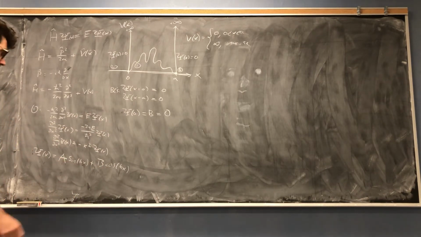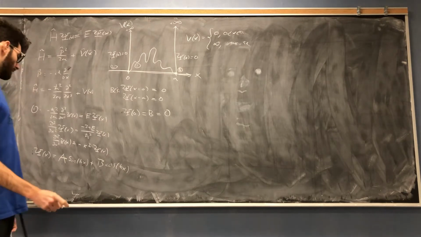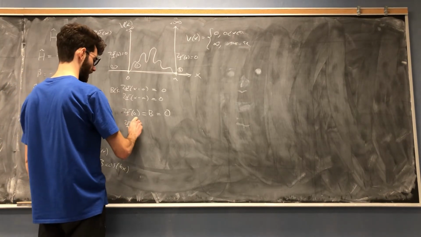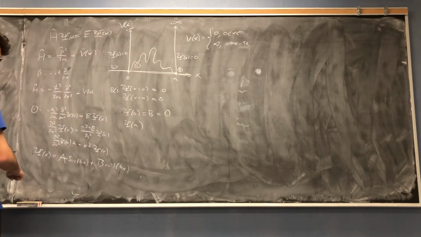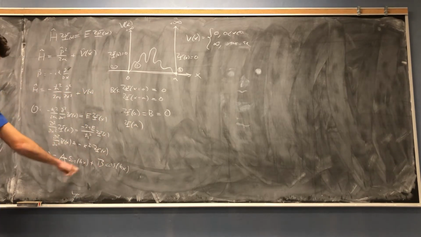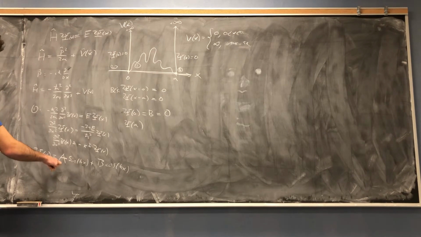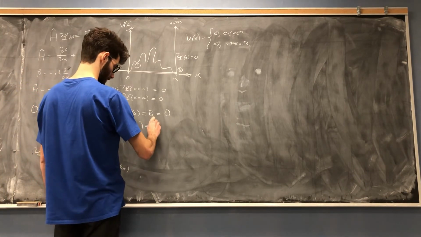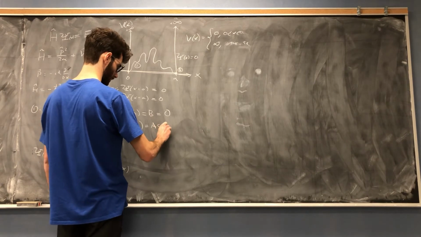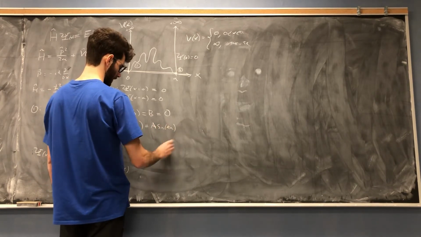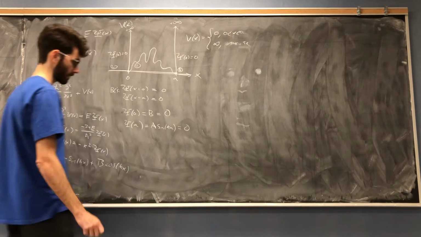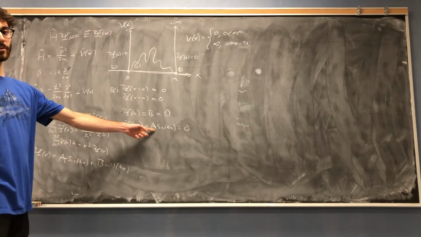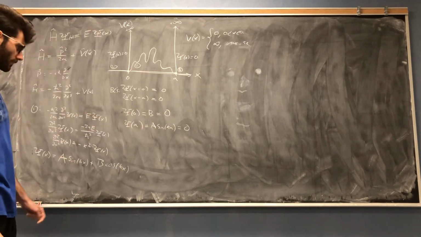All right, that's nice. The next thing, let's try the other one. So psi of a, if I plug in, remember, b is already 0, so we only have this piece left. We have a times sine of k times a. And this also has to vanish. Now, we have a couple of options here. First thing that could happen is that the coefficient up front, a, vanishes.